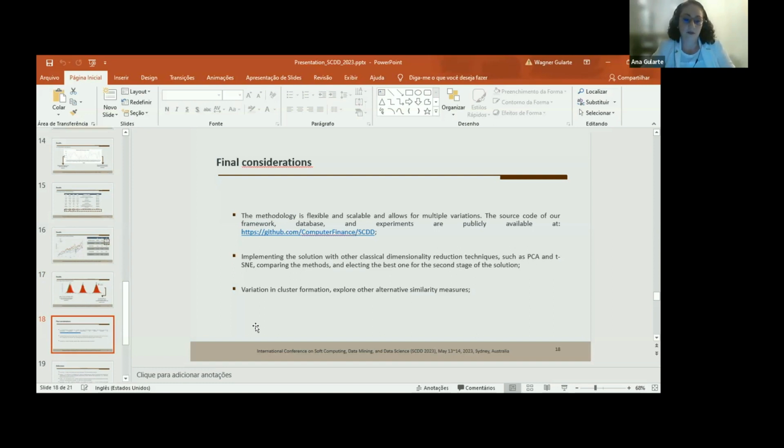Future work: implementing the solution with other classical dimensionality reduction techniques, such as PCA and t-SNE, comparing the methods and electing the best one for the second stage of the selection. Variation in cluster formation: explore other alternative similarity measures.